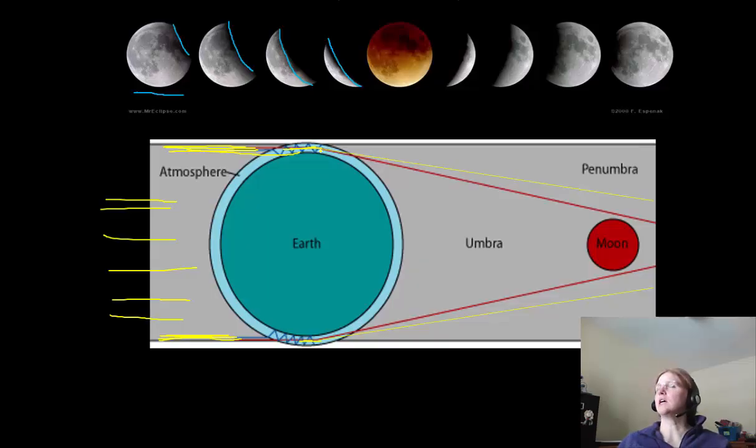And air acts like a lens. It can separate out the colors of light and do a rainbow, and it can also bend their paths a little bit. And red light will bend more than yellow light or blue light. So as the sunlight goes through the air here, the green light and the blue light would still travel mostly straight, and it misses the moon, so you don't see it.